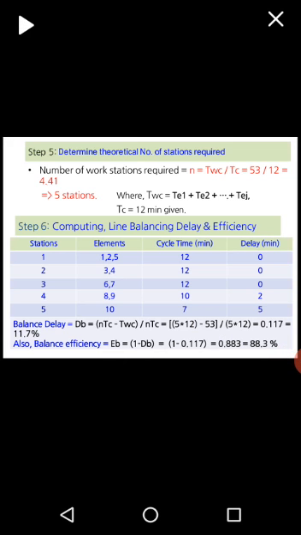So we got the value of dB, and 1 minus dB is equal to 0.883, that is 88.3%. Balance efficiency is 88.3%. We calculated what they asked. Balance delay and balance efficiency we have calculated along with the precedence diagram.